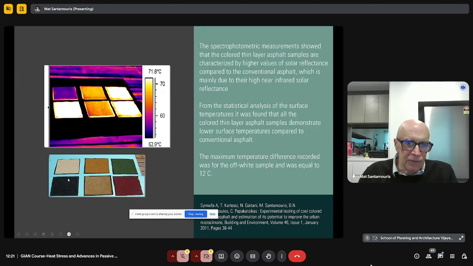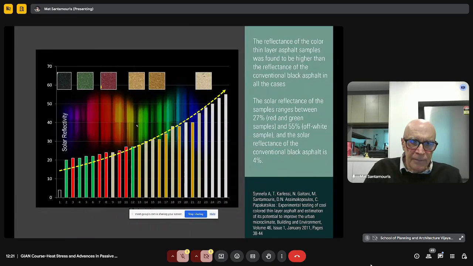There's a tremendous difference between black asphalt, which has temperatures around 80 degrees, and an asphaltic material with exactly the same mechanical properties, but with temperatures 40 to 50 degrees lower. These materials are now used for pavements and streets all around the world, and present much lower surface temperature.